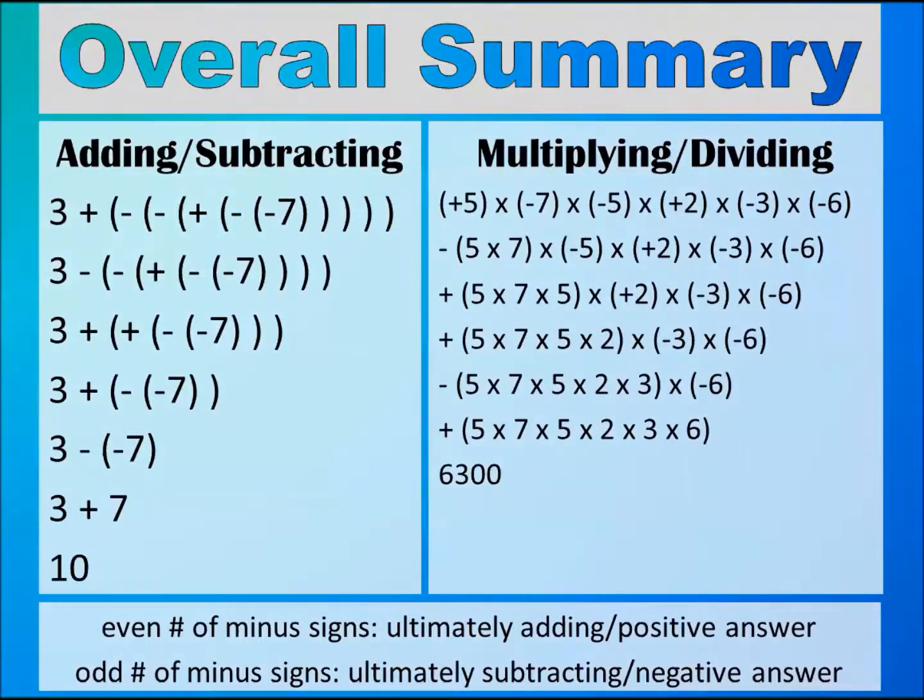So what you're left with is 1 negative sign and a bunch of positive signs. Because there is nothing to cancel out the negative sign, you will be ultimately subtracting, ultimately have a negative answer.